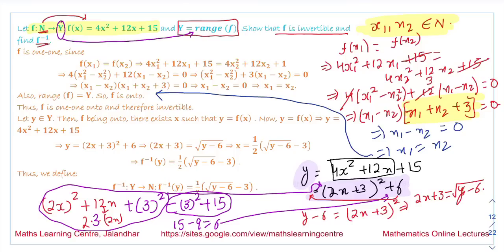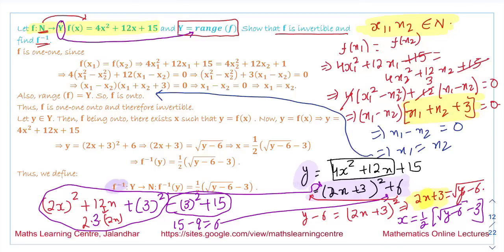The negative sign is not there because x is a natural number, so 2x plus 3 should be positive. So we obtain the value of x is equal to 1 by 2 times the square root of y minus 6 minus 3.